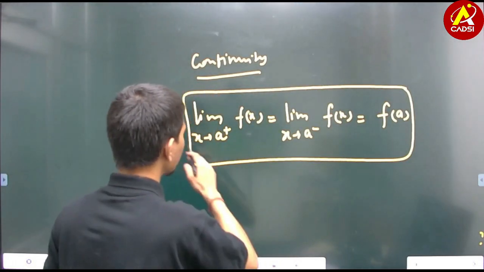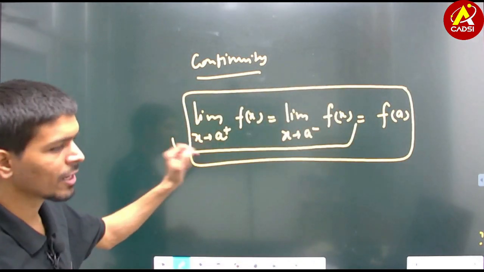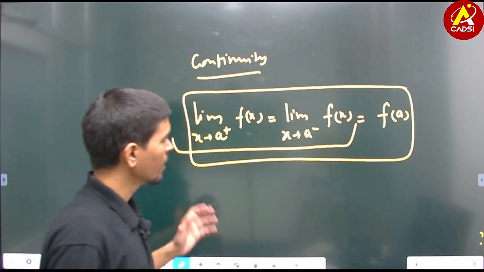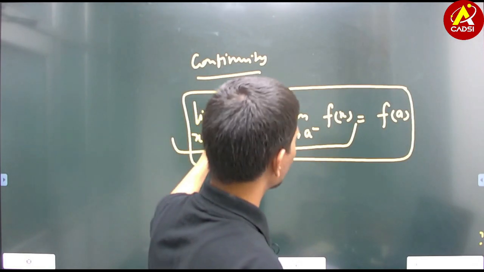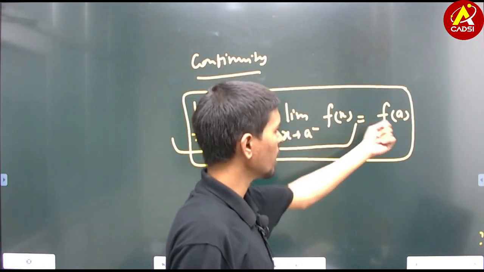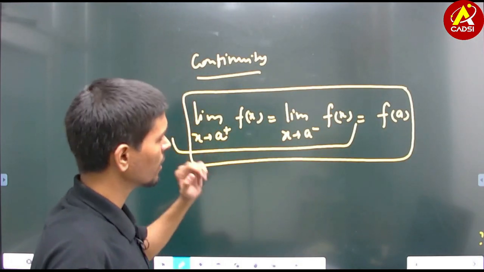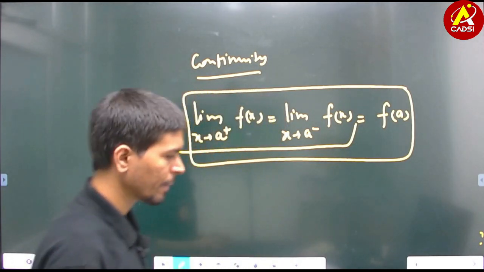If both limits are the same, then we can say that the function has a limit at x equals a. But in addition, if the limit is equal to f of a, then we can say the function has continuity at a particular point a.